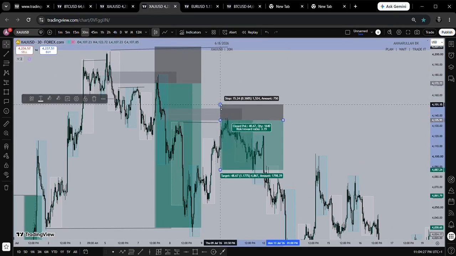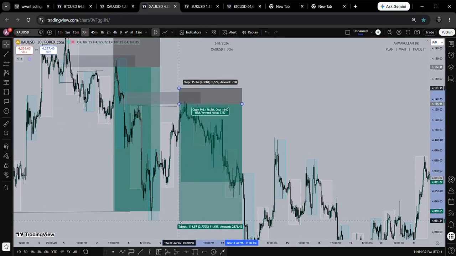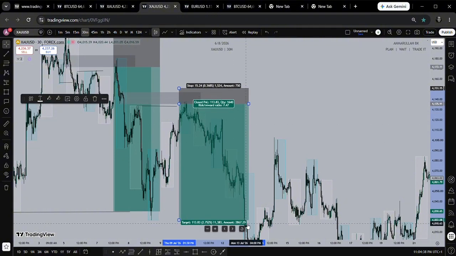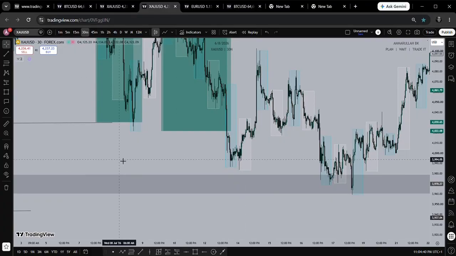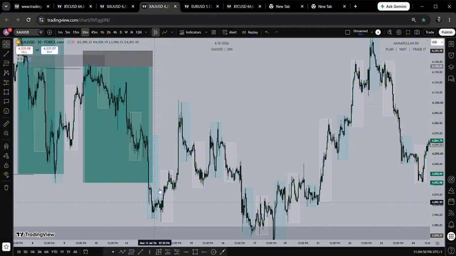And for target, we'll be targeting this low that has just been created. So boom, it came and took it out. Then we have another break of structure. The market is still yet to reach the main point of interest, this area of demand, right? So after I swept it, it came back.